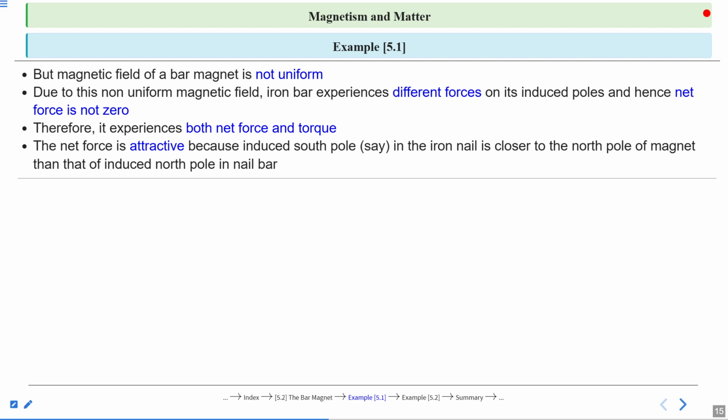The net force is attractive because the induced south pole, say, in the iron nail is closer to the north pole of the magnet than the induced north pole in the nail. We can also say that the induced north pole is closer; either of the poles is closer to the bar magnet. So we can fix one pole, we say south pole. The net force is attractive because, as I have already mentioned, the end which is near the bar magnet will experience more force.